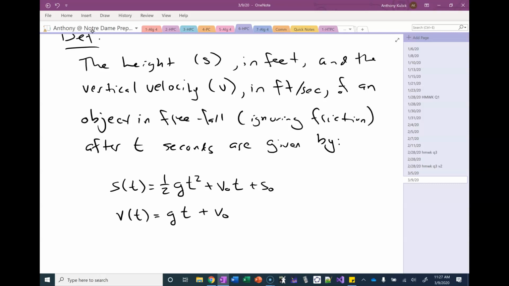Do you remember what the constant for gravity is in feet per second? Okay, so it's negative 32. You would have used this formula many times in a physics class.